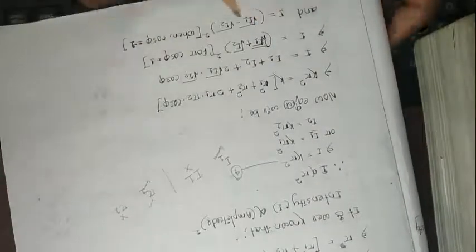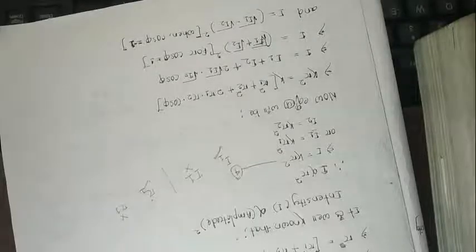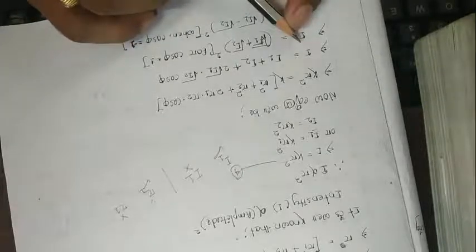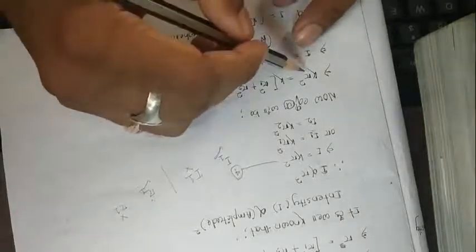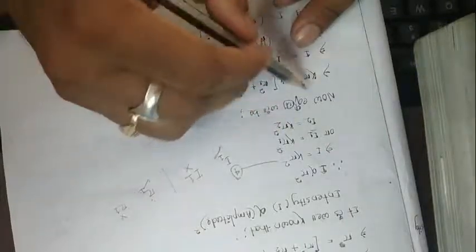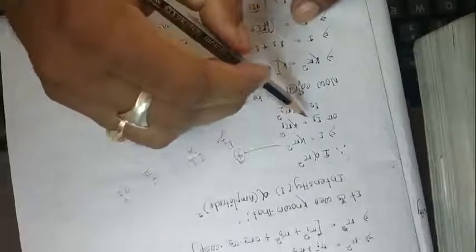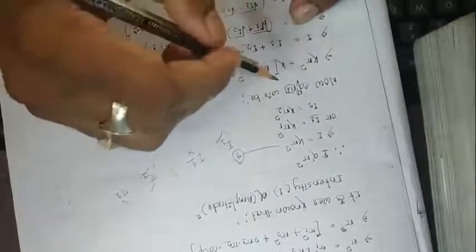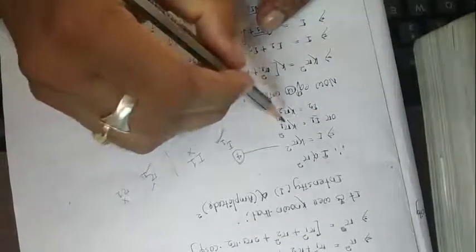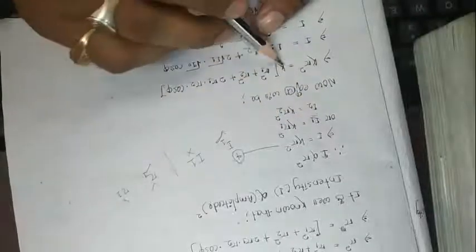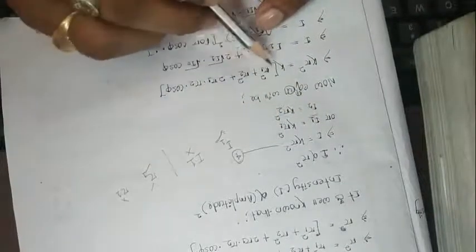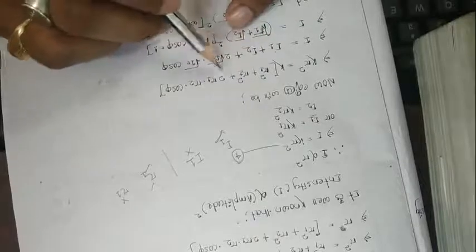That implies K R square is nothing but I. As from equation number 4, K R square is I, K R1 square is I1, K R2 square is I2, plus 2 into R1 R2.